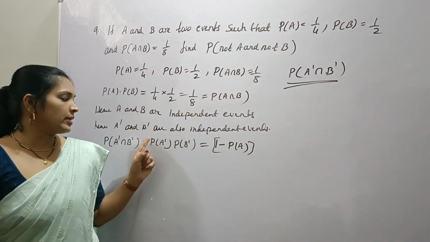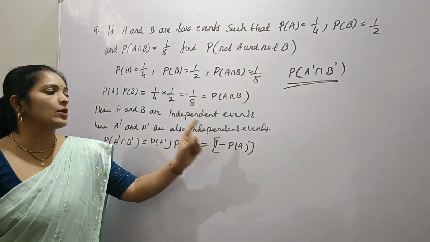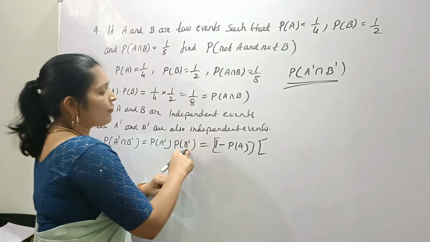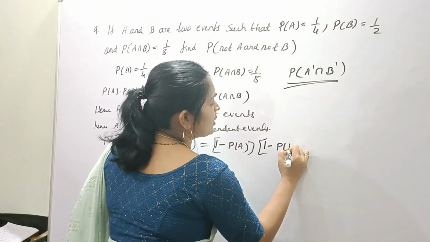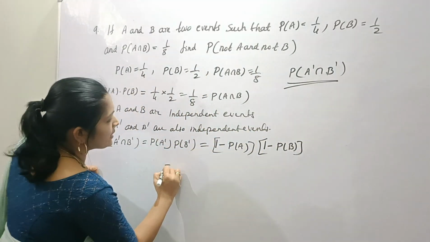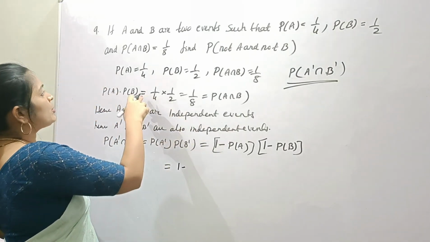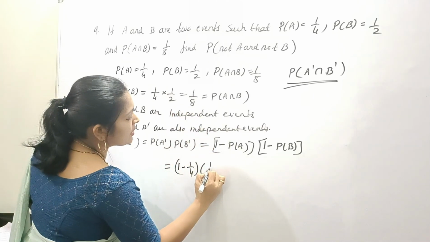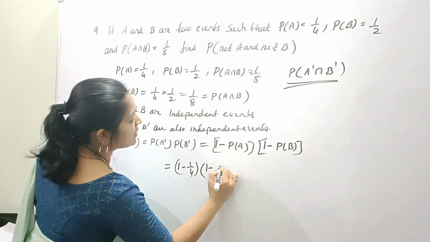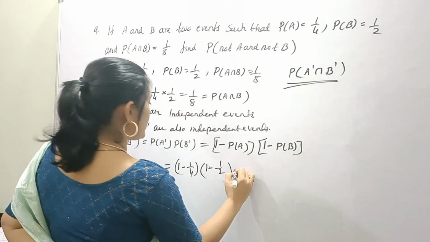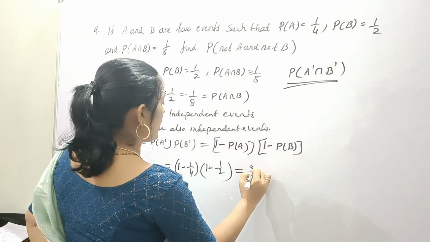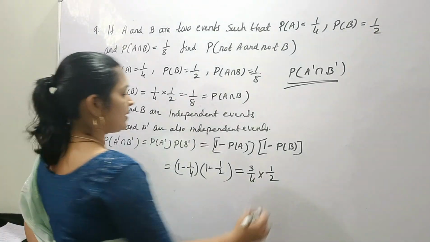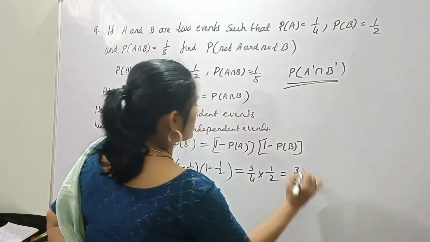So probability of A complement is equal to 1 minus probability of A, and probability of B complement is equal to 1 minus probability of B. That is equal to 1 minus 1 by 4 into 1 minus 1 by 2, that is 3 by 4 into 1 by 2, that is equal to 3 by 8.